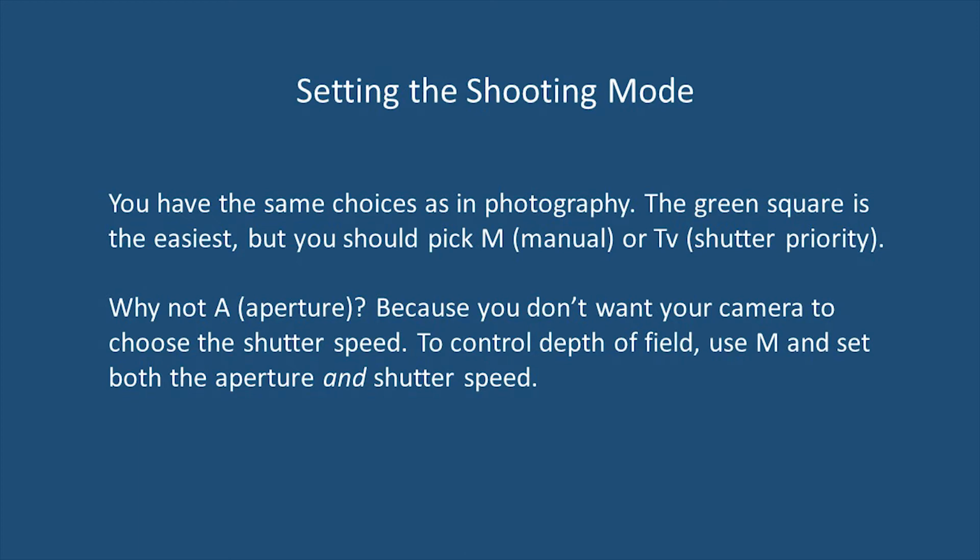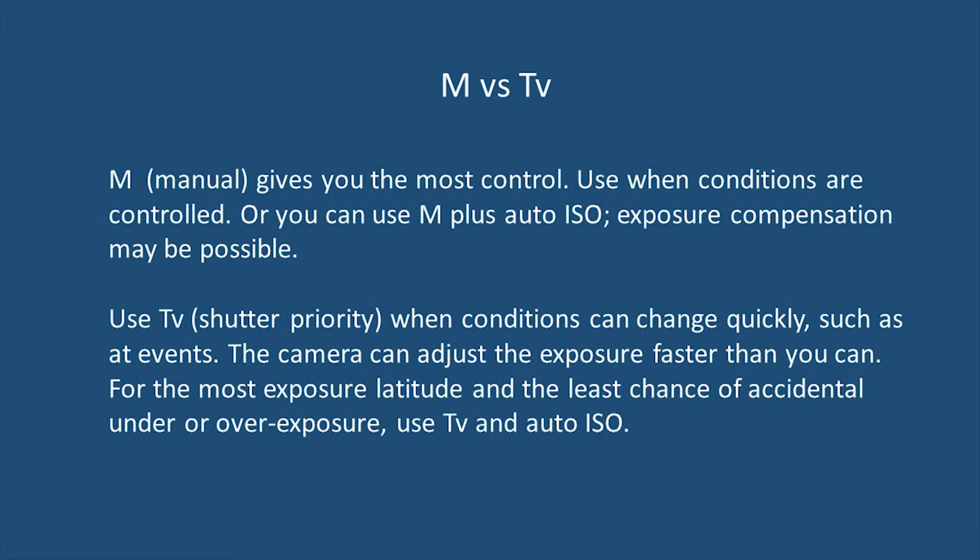Because you don't want the camera to choose your shutter speed. That's one thing that you want to pick yourself. Manual gives you the most control, but there are times when shutter priority is the better choice. For example, suppose that you're taking cat videos in your backyard and your kitten runs under the picnic table. All of a sudden, it's 2 stops darker, but your camera can make this adjustment instantly.